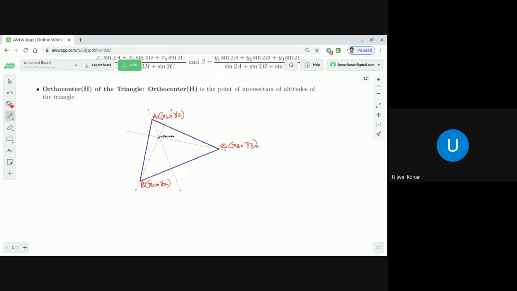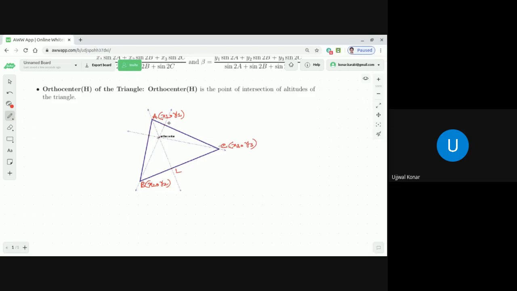Now, what is an altitude? From the point A you draw a perpendicular to the line BC. If L is the foot of the perpendicular, then AL is an altitude of the triangle ABC from the vertex A to the opposite side BC.